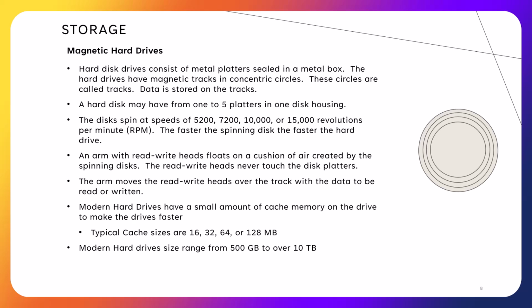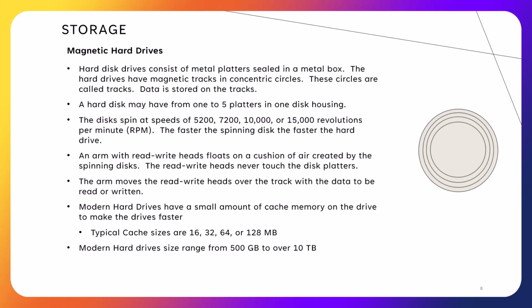Along with the platters, there's an arm called armature that has some read-write heads that will move across each individual track on the hard drive. So this armature moves in and out, positioning the read-write heads over the appropriate track to read the data.